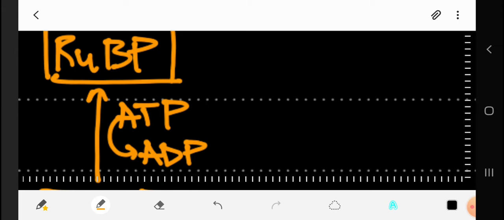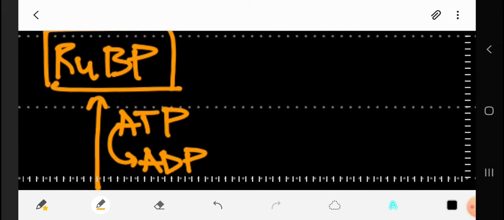Now generally in glycolysis, it's the process where we need to get energy from glucose. Here we have to make energy so that we can get energy. So we have to utilize energy to get energy. So how do we get ATPs? There is a reaction in photosynthesis called the light reaction.